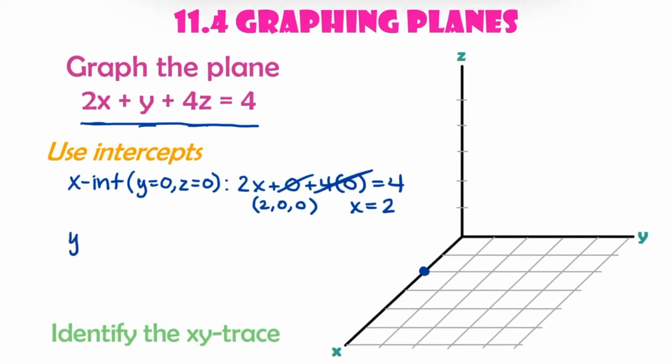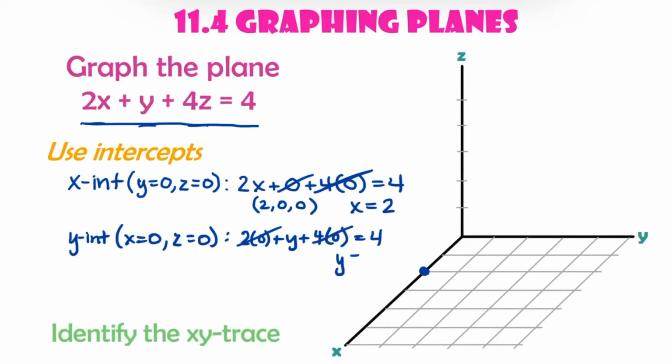All right, so let's find that y-intercept the same way, except when you're on the y-axis, your x value and your z value are both 0. In the equation, here's what that'll look like. Two times 0, 4 times 0, that's all nothing, and I find out that y equals 4, which tells me that the point (0, 4, 0) is the intercept on the y-axis.